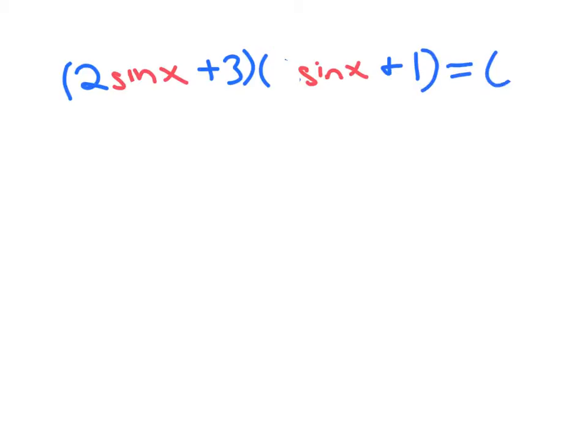Sorry about that, it froze on me for a second. Okay, let me just double check. So 2 sine squared plus 2 sine plus this, so that's 5 sine plus 3. Yeah, so this looks good.